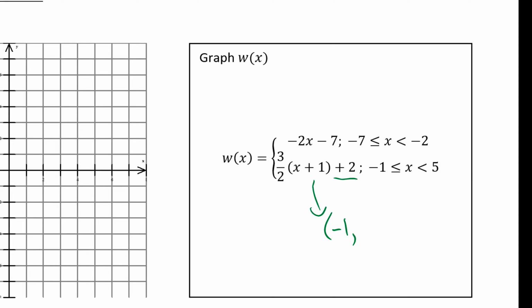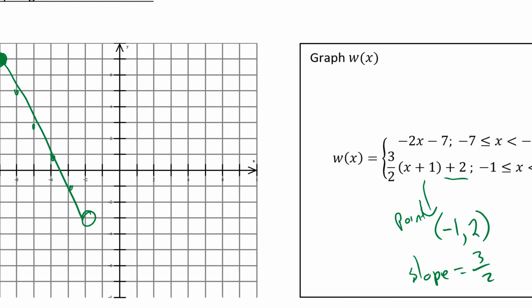And when you look at this value here, it's plus 2, that's just going to stay the same. So that's positive 2. So here's our point, right? And what is the slope? 3 over 2. So I'm going to go to this point, negative 1 and 2. And my slope is up 3 to the right 2, or down 3 to the left 2.